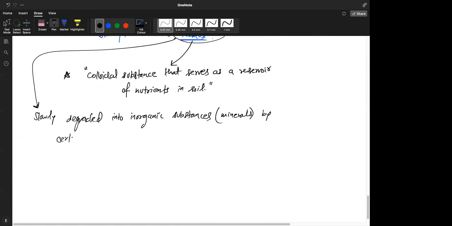And when humus gets decomposed into minerals, this process is called mineralization of the soil.